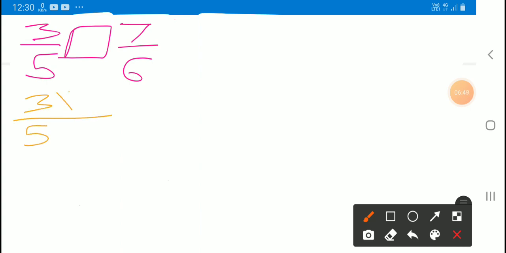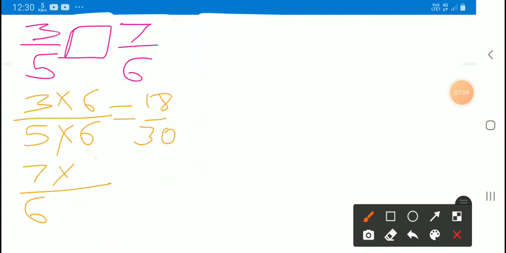3 upon 5 multiplied by 6. 6 3s are 18, upon 30. Now next, 7 upon 6 I have to convert. Here 7 5s are 35 upon 30.